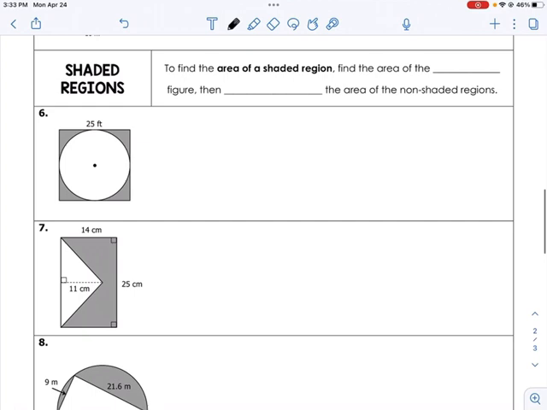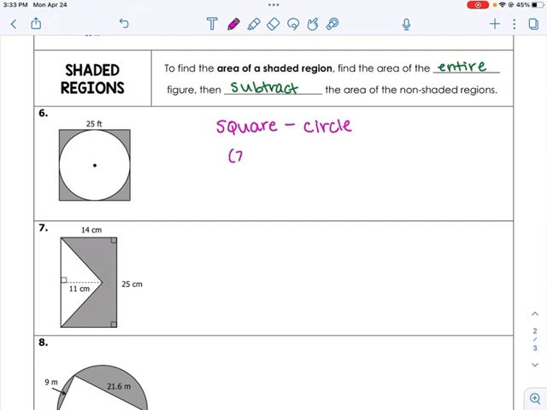Now we're gonna have some shaded regions, okay? What I need you to do here is if I'm asking you to find the shaded region, then you need to find the area of the entire figure, but then we would need to subtract out the non-shaded area, okay? So we need to find the whole and subtract out that empty space, okay? So what we have here is a square as our overall figure, but then we need to subtract out the circle because the circle is not the shaded part, okay?